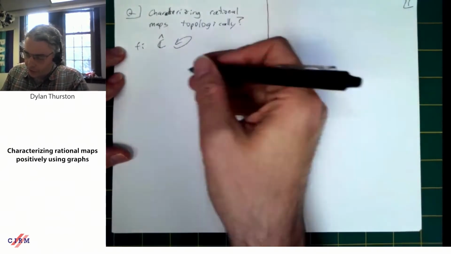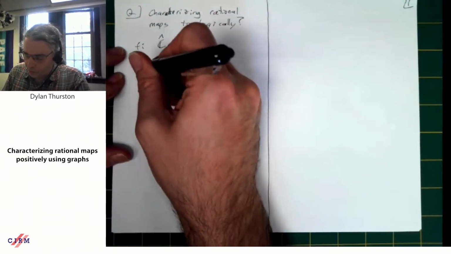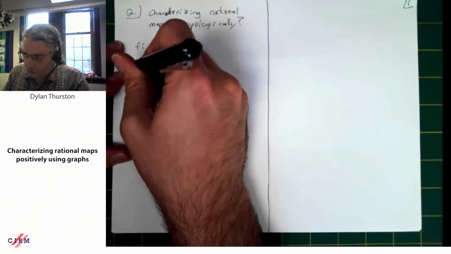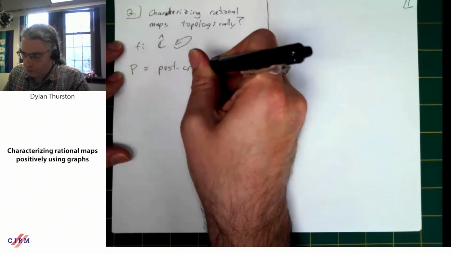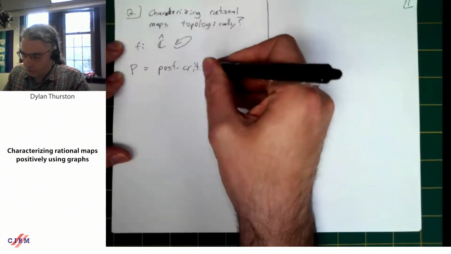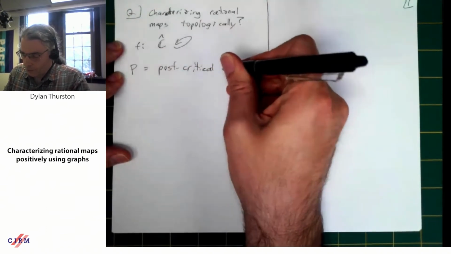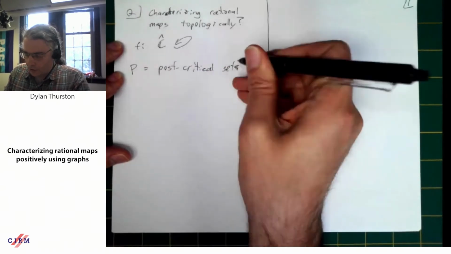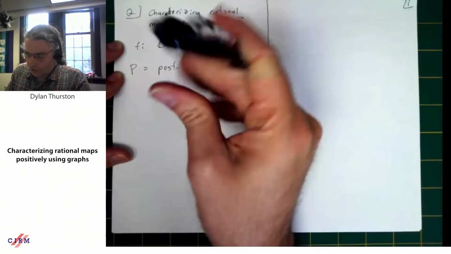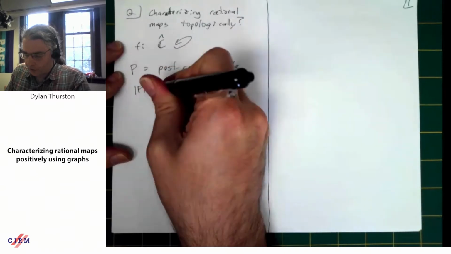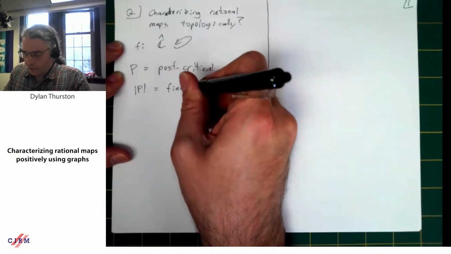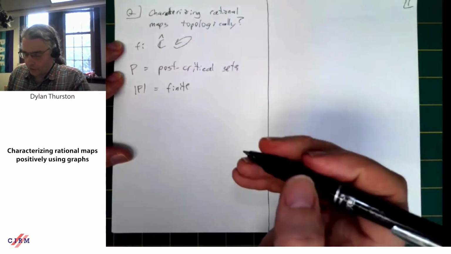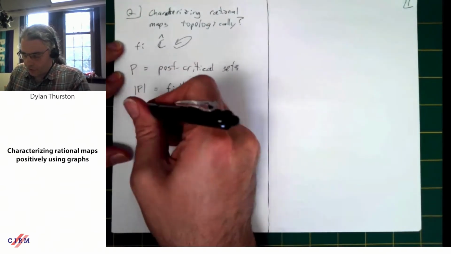It doesn't take very much thinking to realize the importance of the post-critical set, the forward orbit of the critical values, and that it's a lot easier to think about in the case when this is finite. This is the easiest case.